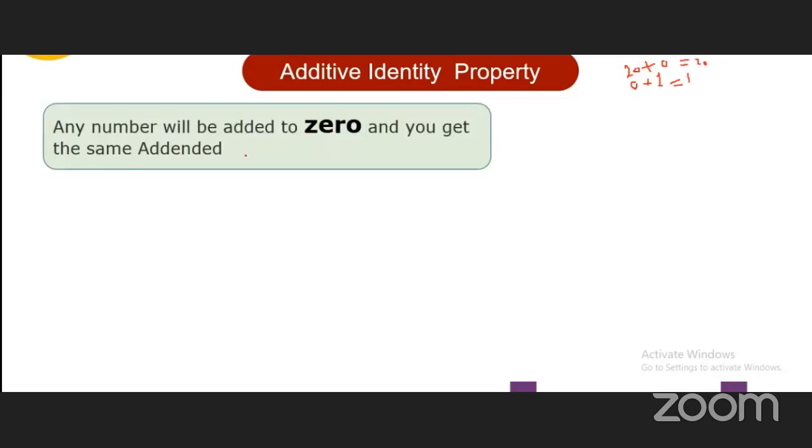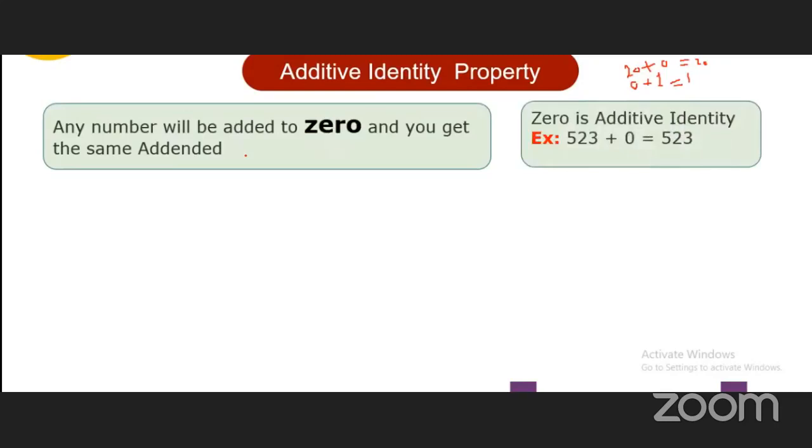The second property is called commutative. But before we learn the commutative property, here is 0. It's an important question that you can find in the exam. 0 is the additive identity.